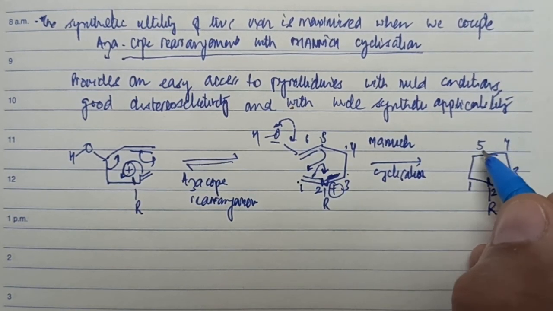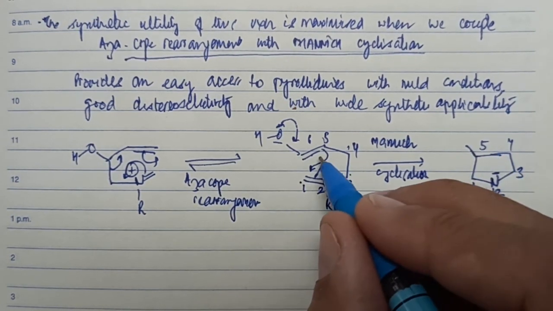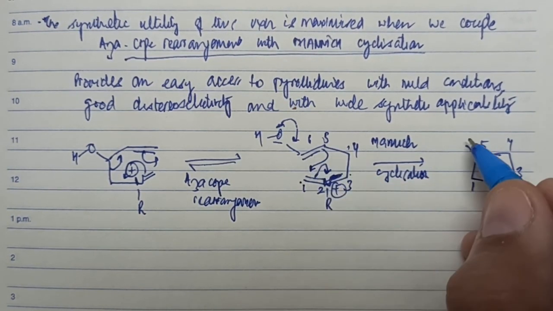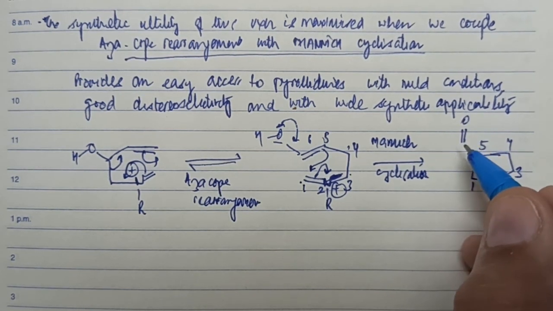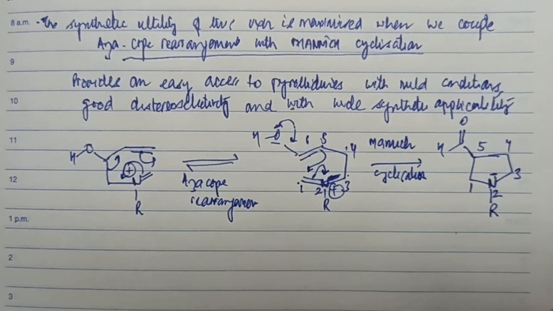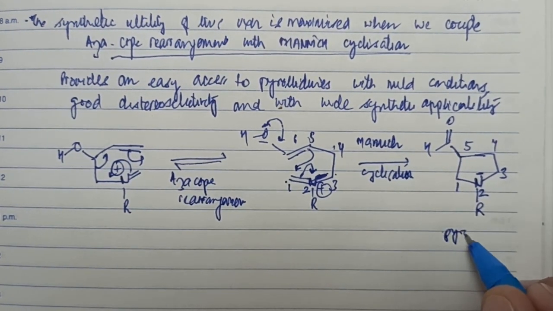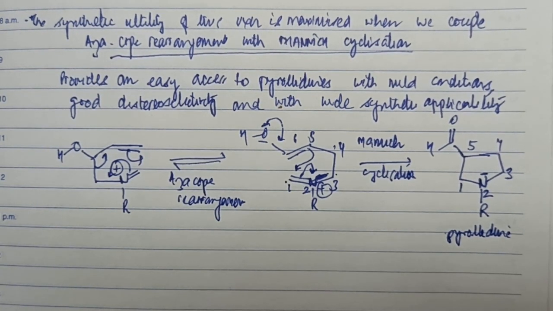Attached to the fifth carbon atom is the sixth carbon atom here, which resulted in the formation of a double bond here, and here you have, let's say, a carbonyl functionality like this. So my end product is the formation of this pyrrolidine ring following Mannich cyclization through the azacope rearrangement.